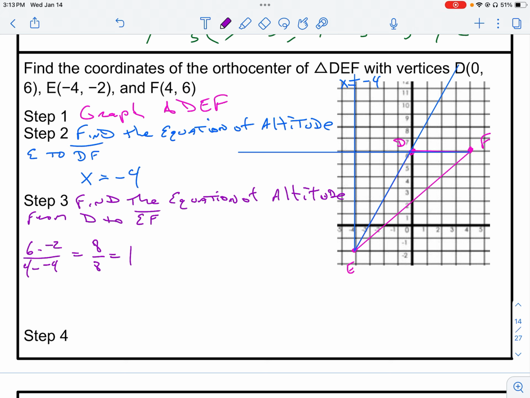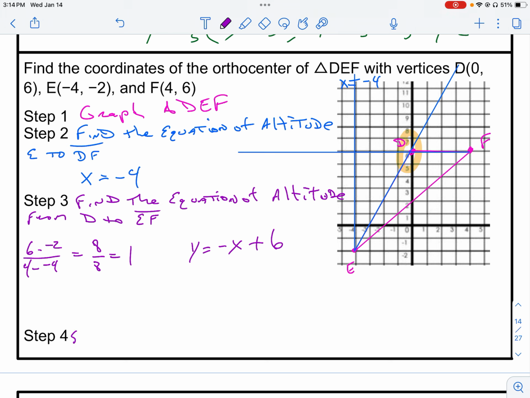So the slope of my perpendicular line is going to be -1. And I've got point D that it goes through, so I'm going to use that to find my y-intercept, which is going to be 6. Oh, well, that was easy enough. So I get y equals -x, -1x, right? Plus 6.